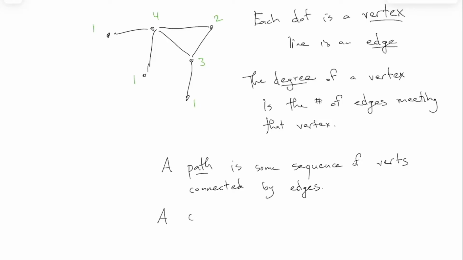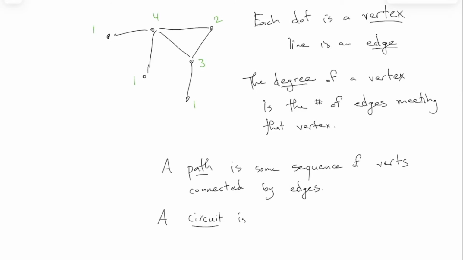And a circuit is a path which starts and ends at the same vertex. And these are all the terms that we talked about. Nothing too fancy about any of this. A circuit is a path starting and ending at the same vertex.